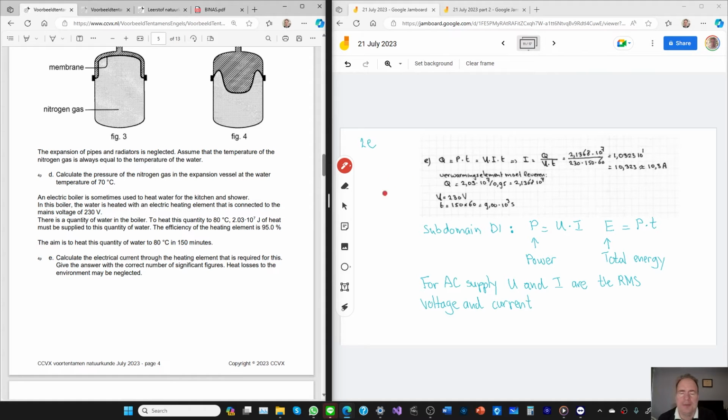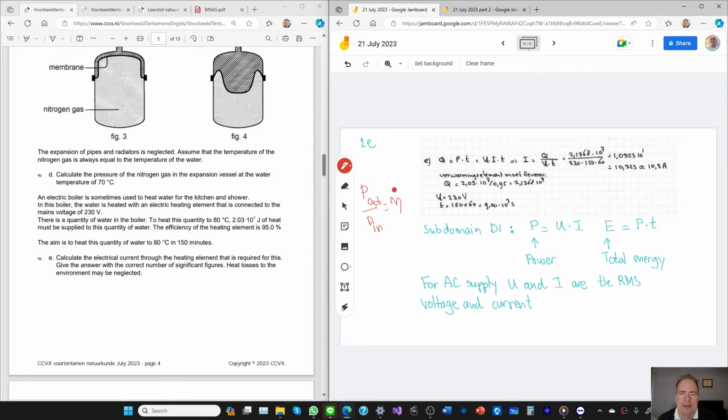And just remember something like the power out divided by power in. That ratio here, I think they call it eta, doesn't matter, is the efficiency. So that's the 0.95 in this case. So that's used here to finally find what the current must be.